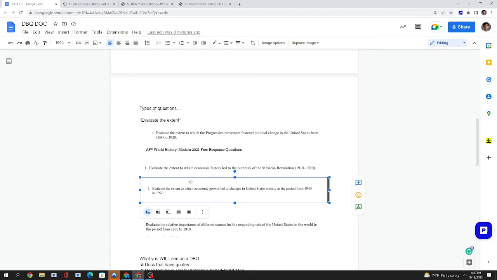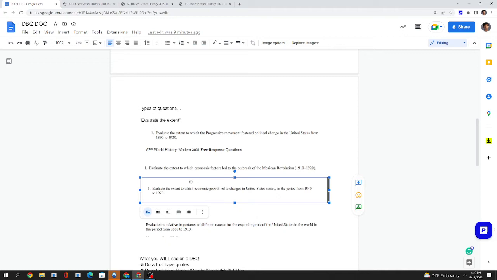So again, remember cause, define, and effect for things where they have key terms. How do I know what a key term is? Again, if it's some historical word that the average population may not be familiar with. If that fails you, go to the next thing. Look at what aspect of history the prompt is asking you about. Is it society? Is it politics? Is it economics? In the case of the second prompt that I showed you, everyone, it was society and economics.